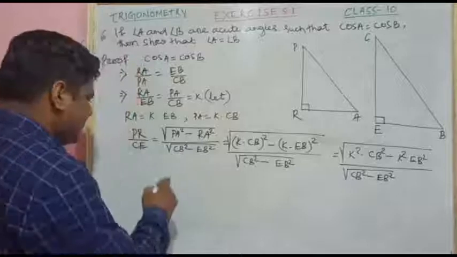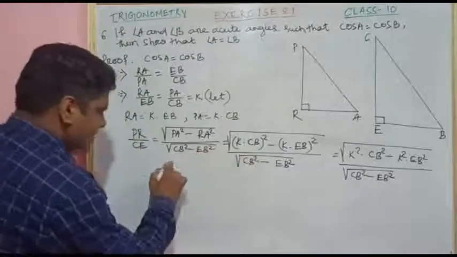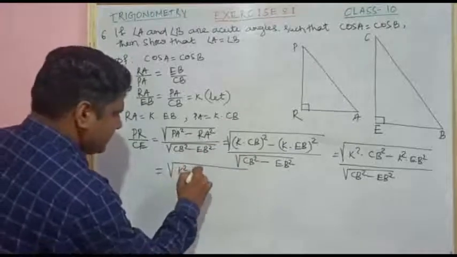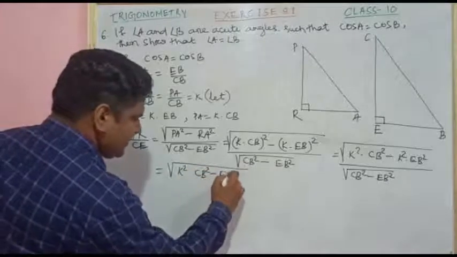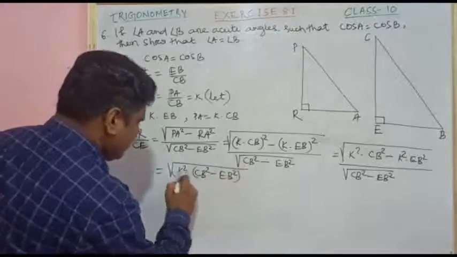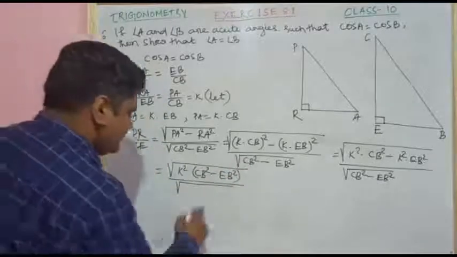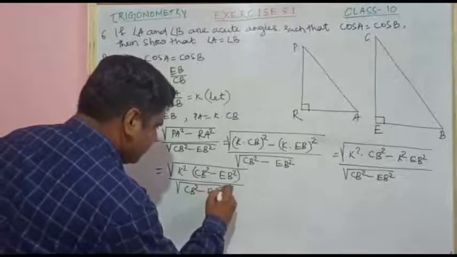Now we can take K square as a common factor from the numerator, and we can put root over the whole: K square into CB square minus EB square, by root over of CB square minus EB square.